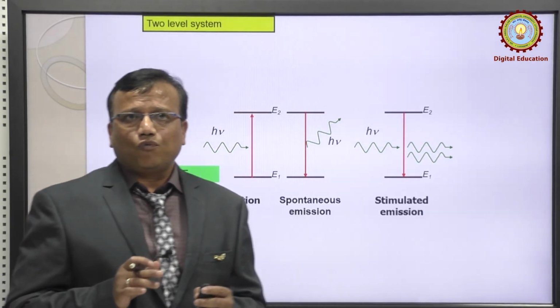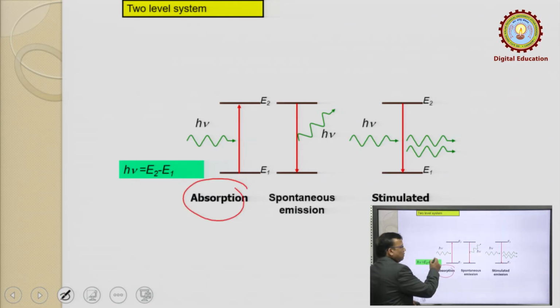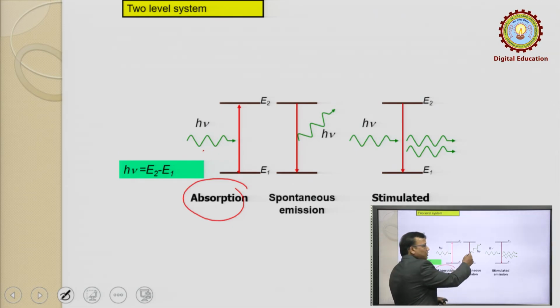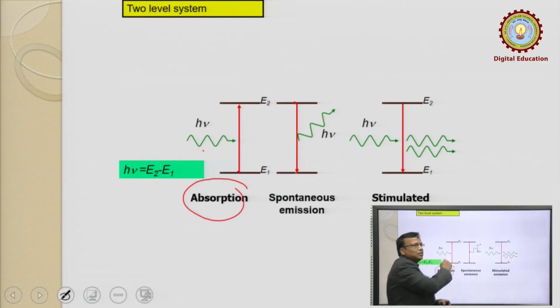We are seeing the three processes which we have learned earlier. This is induced absorption, meaning the atom is in the ground state, absorbs the energy and is excited to the excited state. Another one is spontaneous emission, where the atom is in the excited state and after emitting a photon comes to the ground state. This photon is not propagating in the same direction as the incident photon, so they do not make a coherent source.